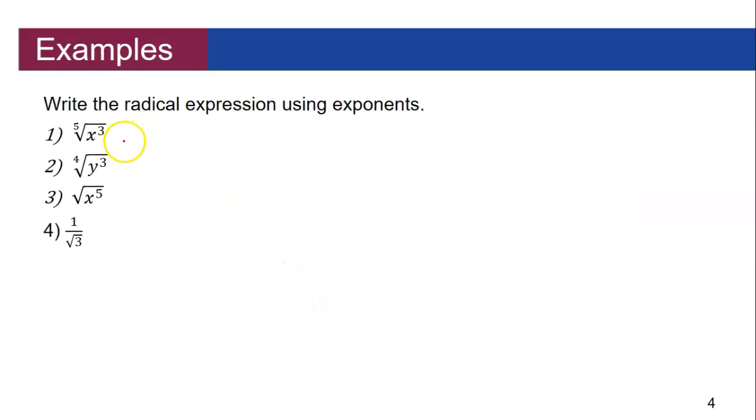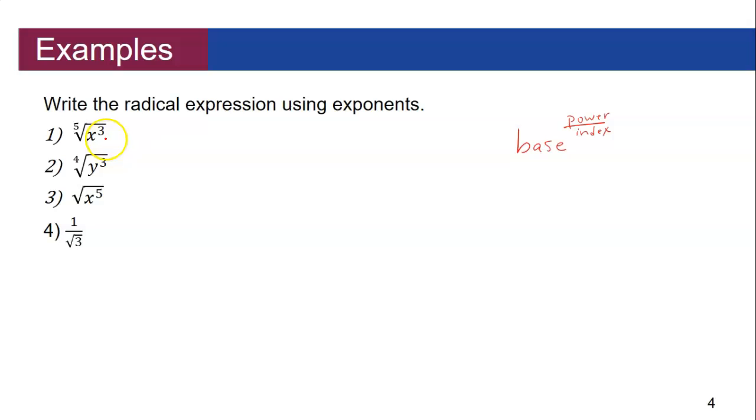Here are some examples. I want us to practice writing the radical expression using exponents. I always think of this as you've got your base, and you're going to have that to your power over your index. This is your index, and this is going to be the power I'm referring to.